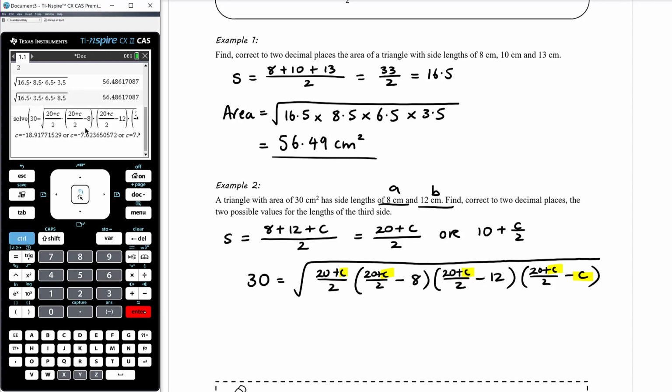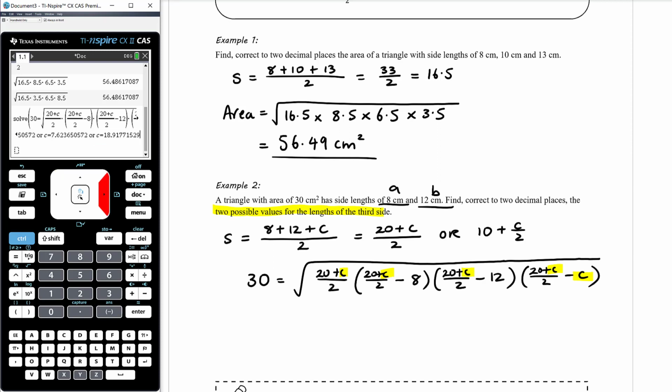Okay, so it says I want to give the two possible values for the lengths of the third side. We actually don't have enough information here to uniquely define the triangle, but there are only two possible values. My CAS has given me more than two values here, but you'll see the first one is negative 18. Now C is a length, so it's not negative. The next one is negative 7.6, it's also not that.